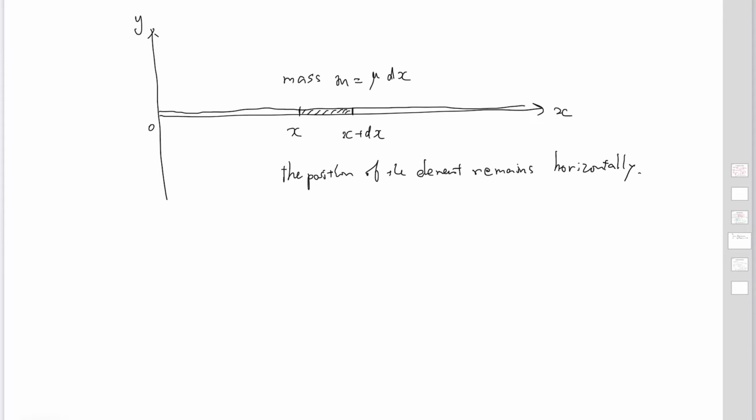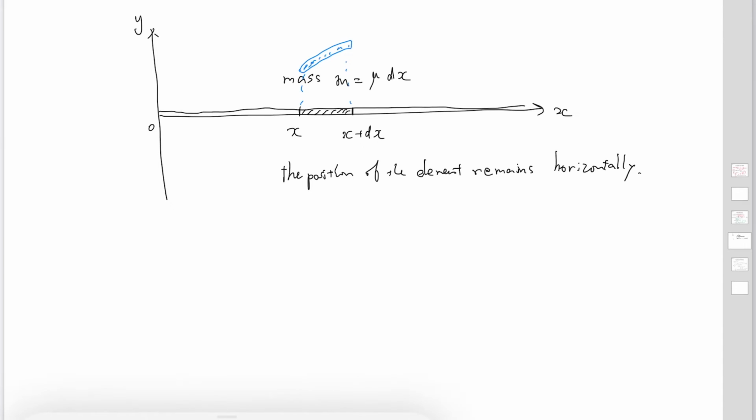Then we could consider that this string is moving up to the new position. The new position of the string.